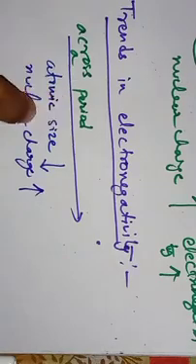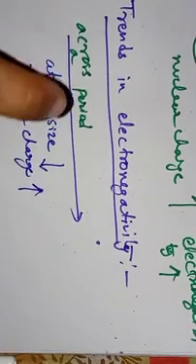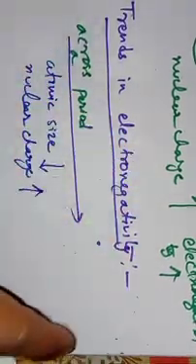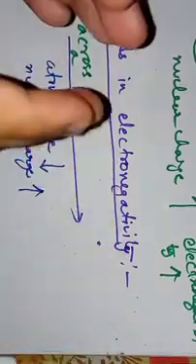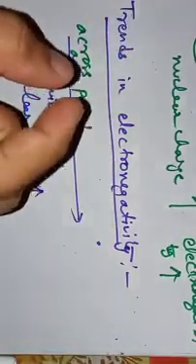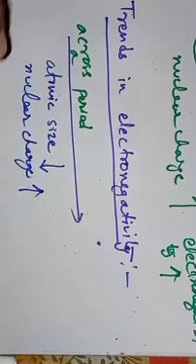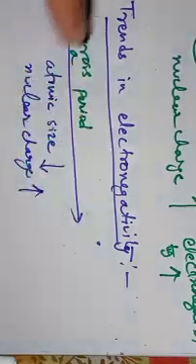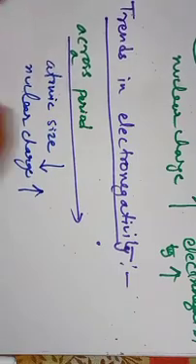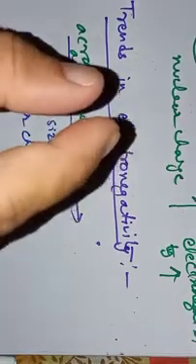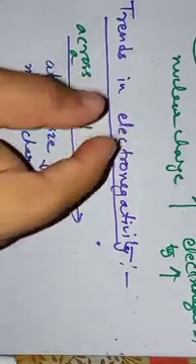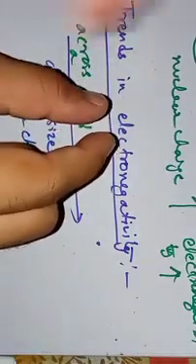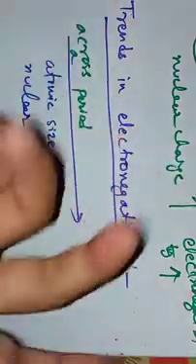Both of these changes are good for electronegativity, because if atomic size decreases and nuclear charge increases, the resultant is an increase in the nuclear strength. And when there is an increase in the nuclear strength, the tendency to attract electrons will increase.